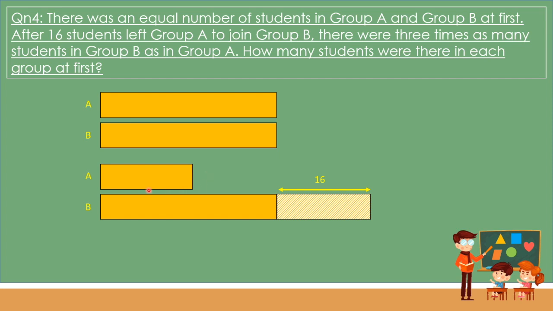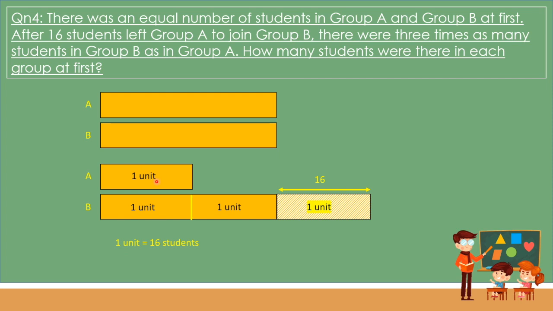And then you realize that Group B has 3 times as many students as Group A. So this part and this part would actually become 16 plus 16, which gives you 32. So you have here 1 unit, 1 unit, 1 unit, and 1 unit.